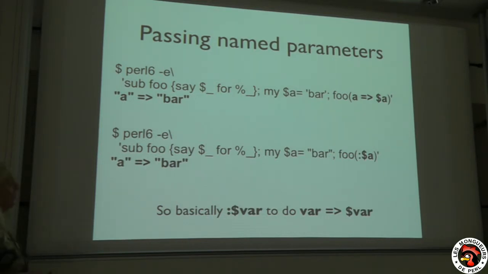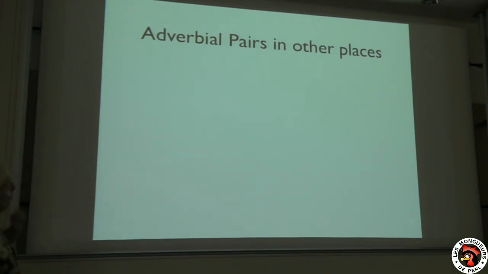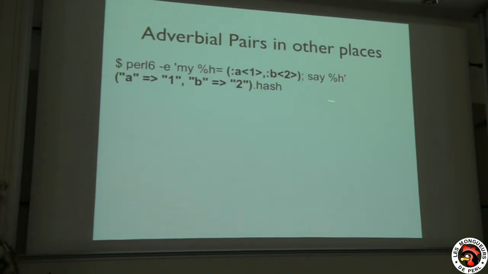Right? So we have adverbial pairs in other places. For instance, here, when we create a hash, and we say we only want this value, the value of this key of the hash, which is 1.